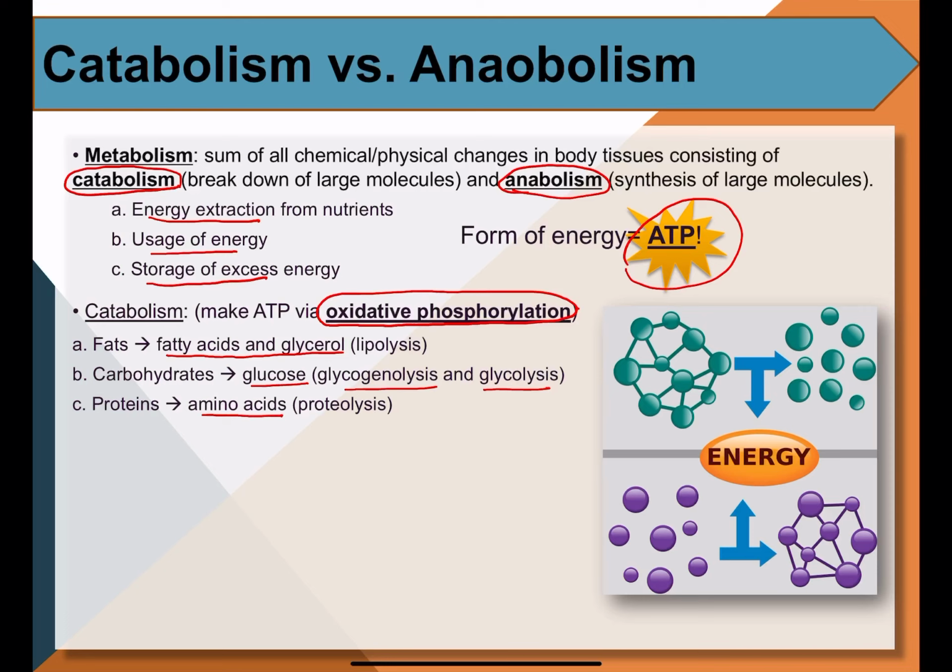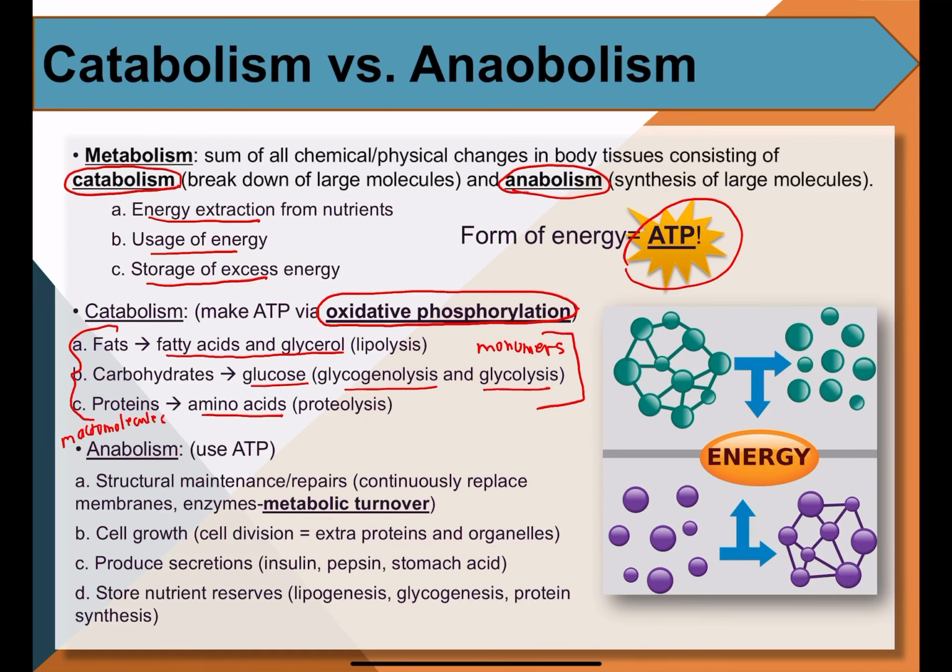Now, these three are the main macromolecules that we will ingest through our diet, and we'll talk about how we are able to break these down into these individual monomers through chemical reactions. We'll talk about breakdown, and we'll also talk about the making of.